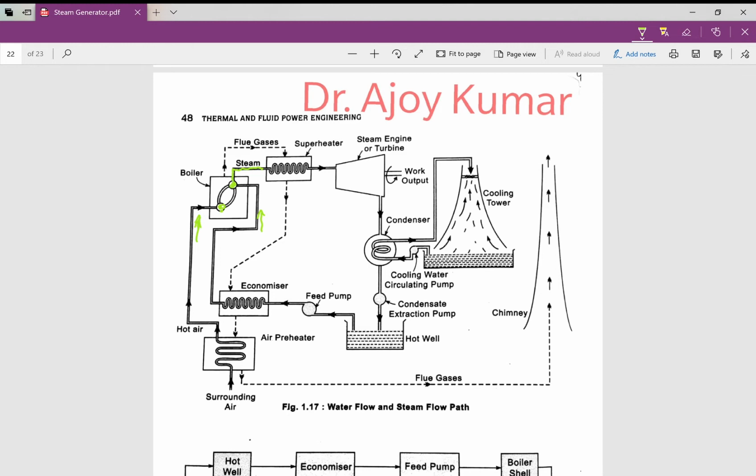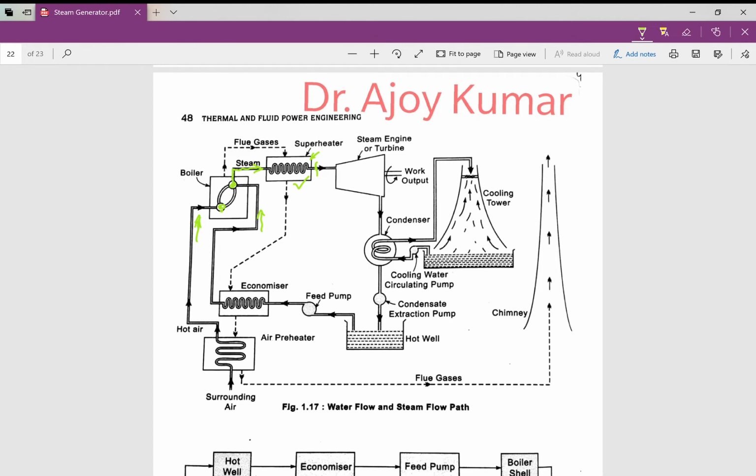And henceforth, a superheater is introduced over here to get steam superheated. So this superheater helps to supply an additional amount of heat to the steam entering the superheater, so that at the outlet we will be getting superheated steam, that is of very good quality, at the same boiler pressure.